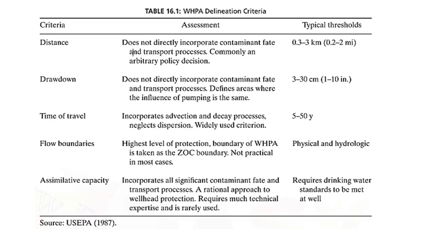And the last is the assimilative capacity. So this is more or less a comprehensive method which models all the contaminant transport processes. So this requires a lot of technical expertise. Okay, but of course this is a really precise method.